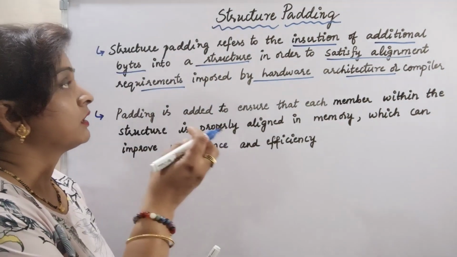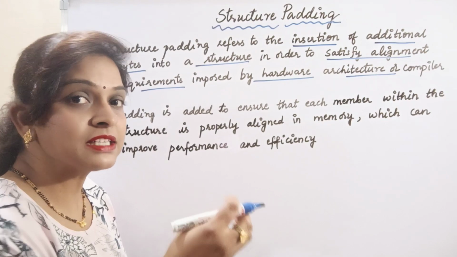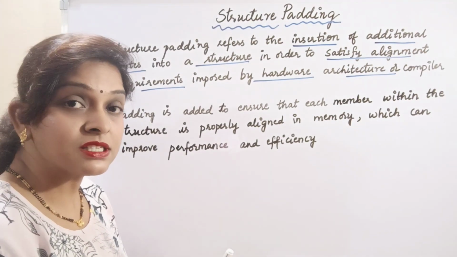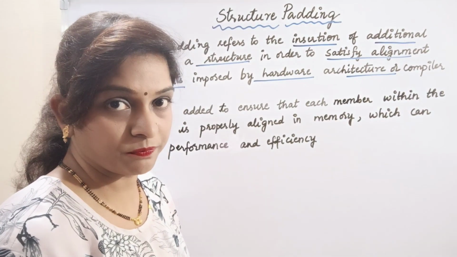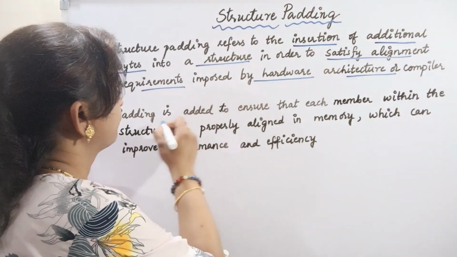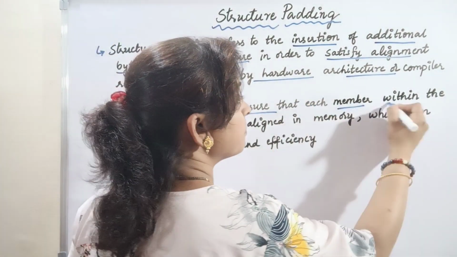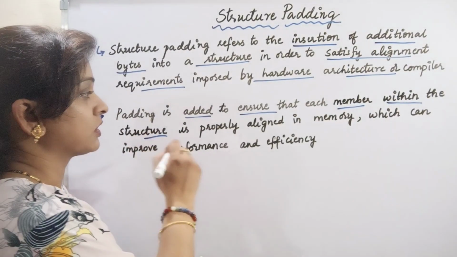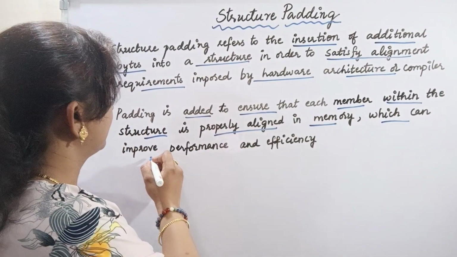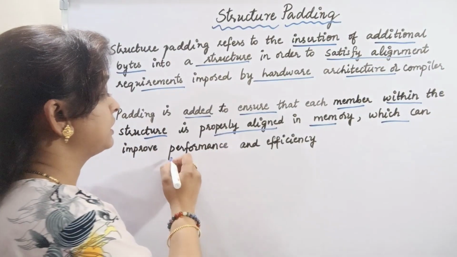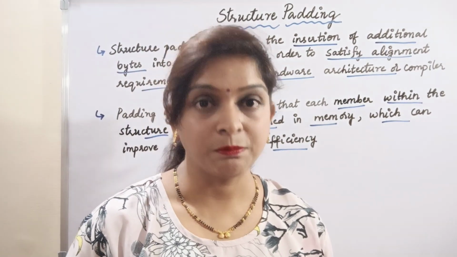So here, padding is the process of adding some extra bytes, and this addition of extra bytes is taken care of by the compiler itself. When the padding is added, it ensures that every member within the structure is properly aligned in the memory, which can improve the performance and efficiency of the CPU.